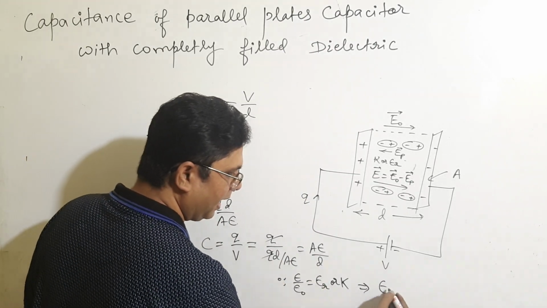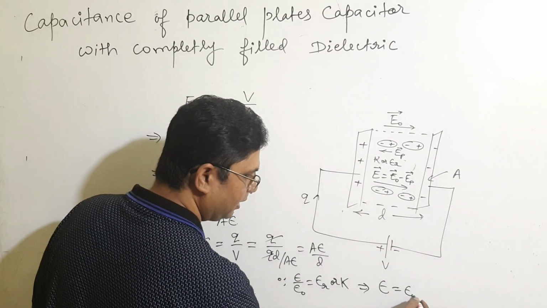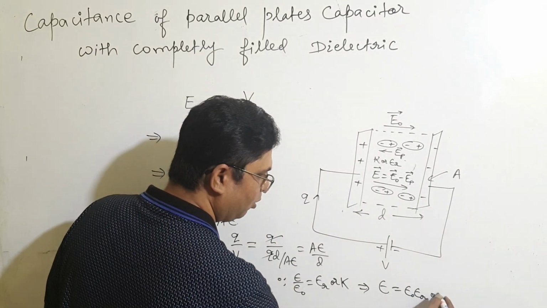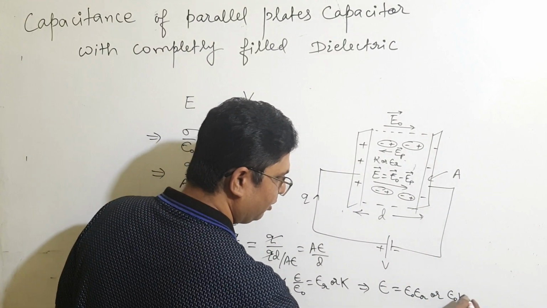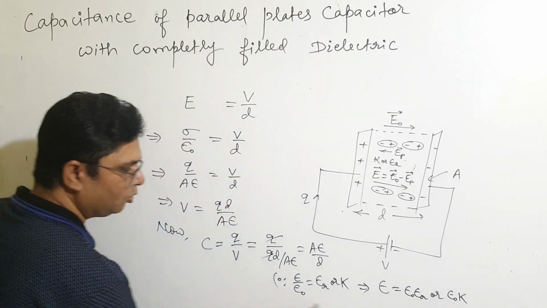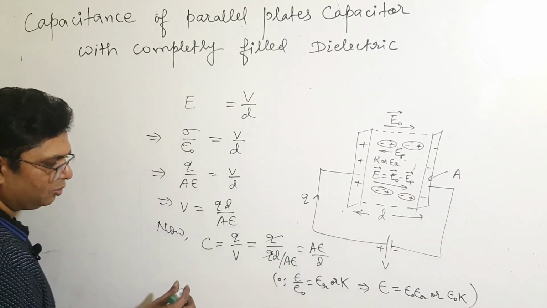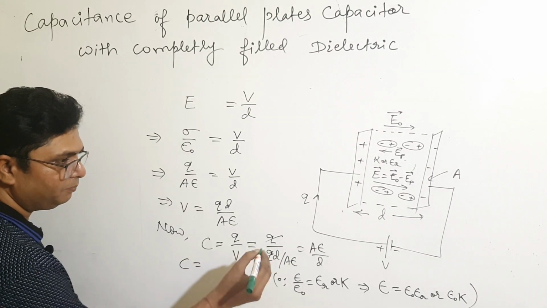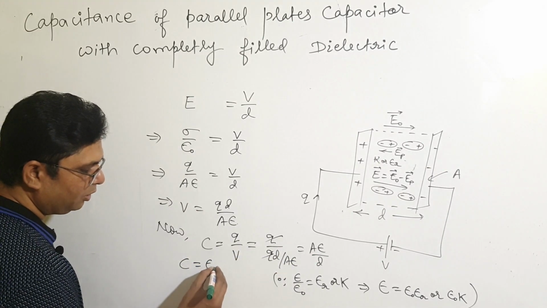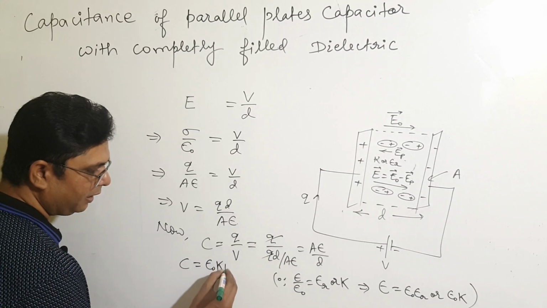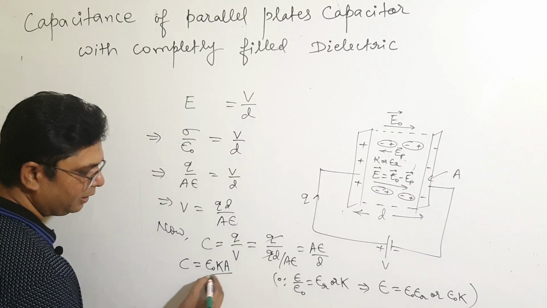From here epsilon equals epsilon naught into epsilon R, or you can write epsilon naught into K. So we use the value of epsilon at this point, and the formula C becomes epsilon naught K A upon D.